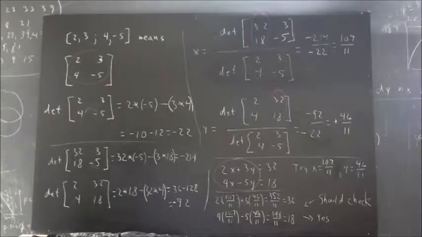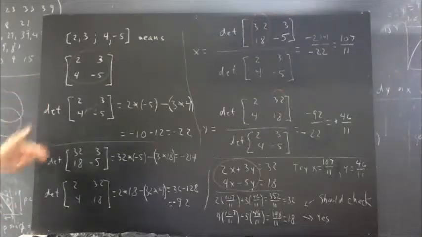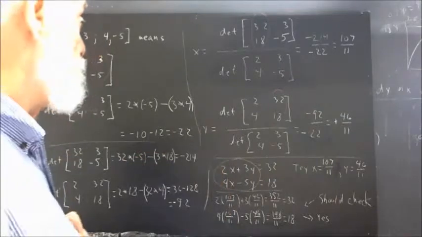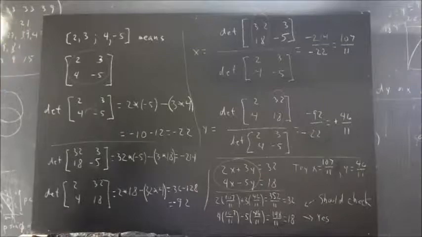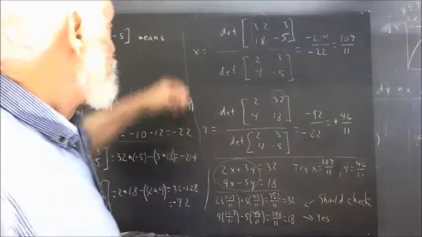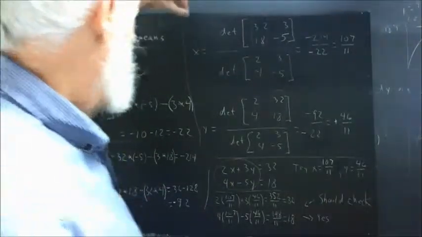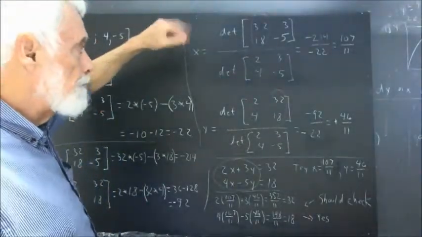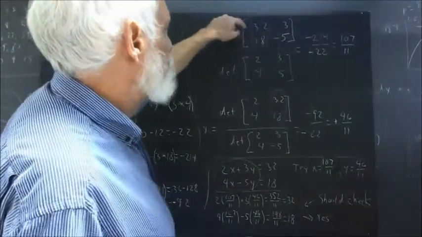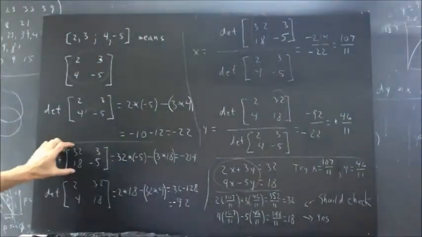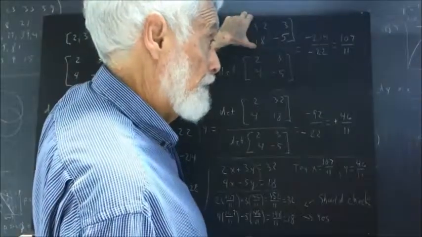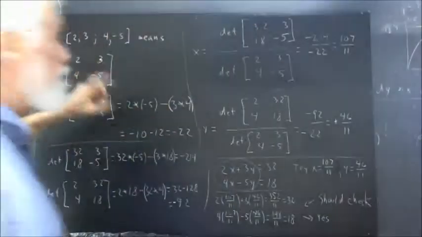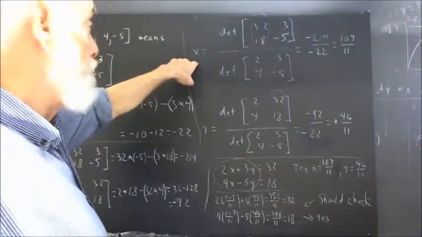It turns out that we can use these three determinants to easily and quickly solve this system without having to go through the elimination or row reduction or other processes, substitution, graphing, etc. So we're going to say that this matrix here, where we replaced the first column by 32, 18, is going to be used to determine the value of x.